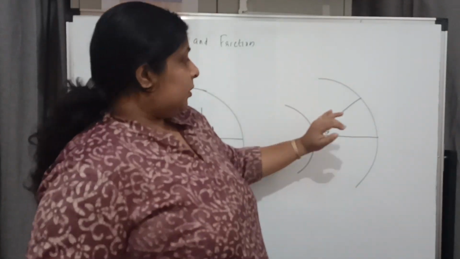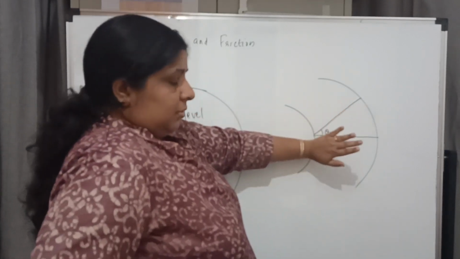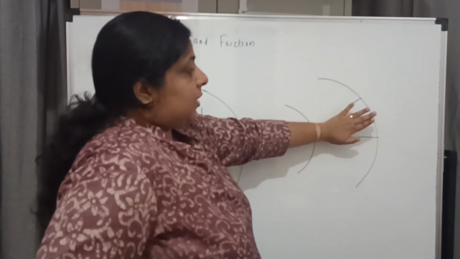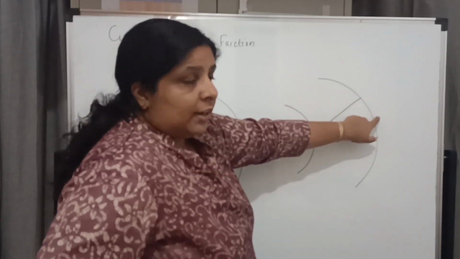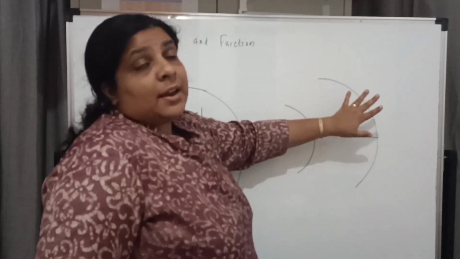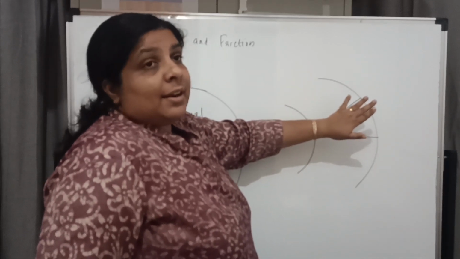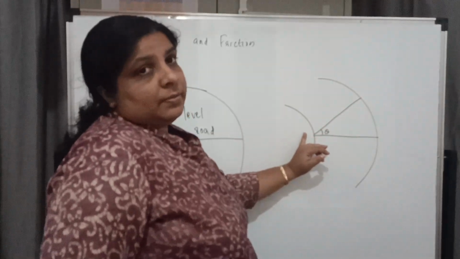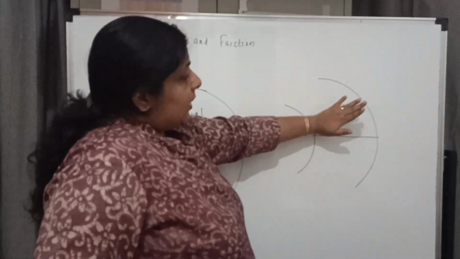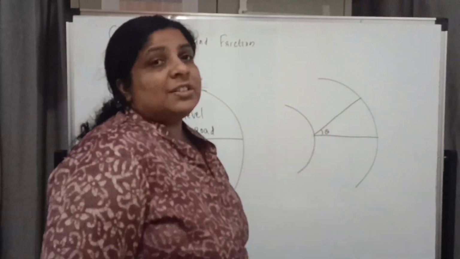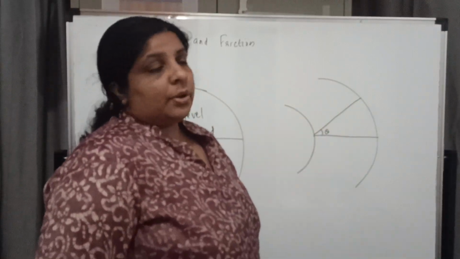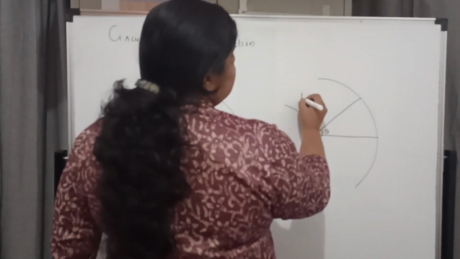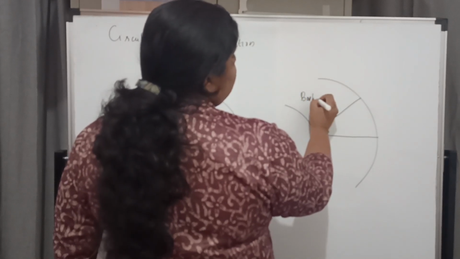It will be a banked road. So this end will be at a lower level, and this end will be at a higher level. The outer end of the road will be making an angle theta with the inner edge. That angle theta is known as the banking angle. Such roads we call banked roads.